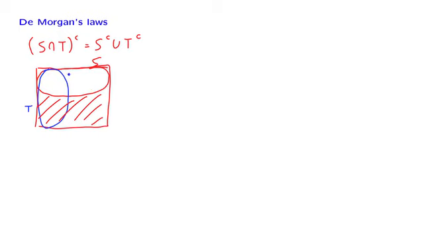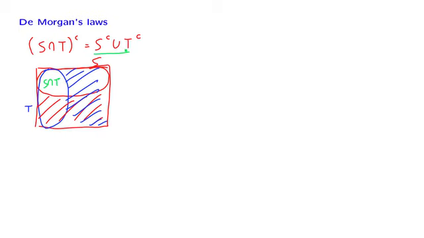The complement of T is this part of the diagram. What is left? What is left is just this region here, which is the intersection of S with T. So anything that does not belong here belongs to the intersection, and this means that the complement of the intersection is everything out there, which is this set.